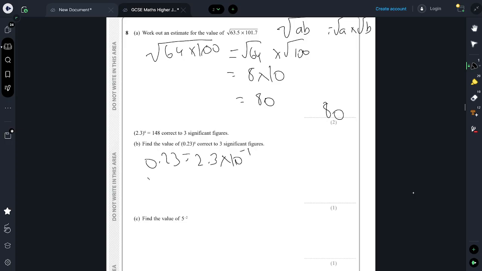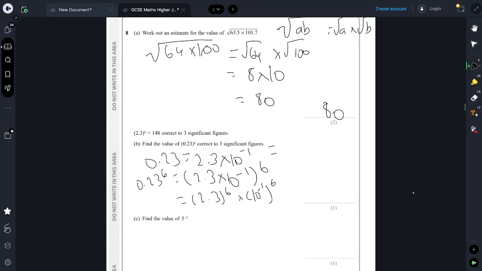And why this is good is, now we can say 0.23 to the 6 is 2.3 times 10 to the minus 1, to the 6th. And actually, you can distribute it. So now you can say 2.3 to the 6th times 10 to the minus 1 to the 6th.